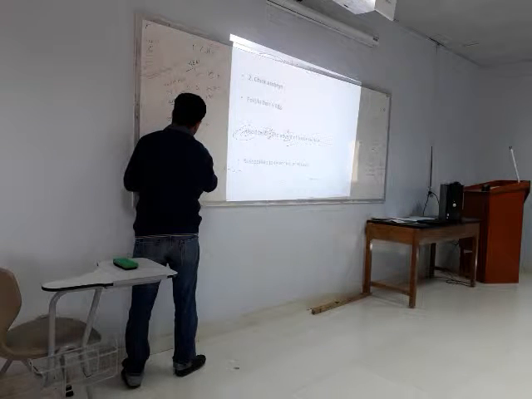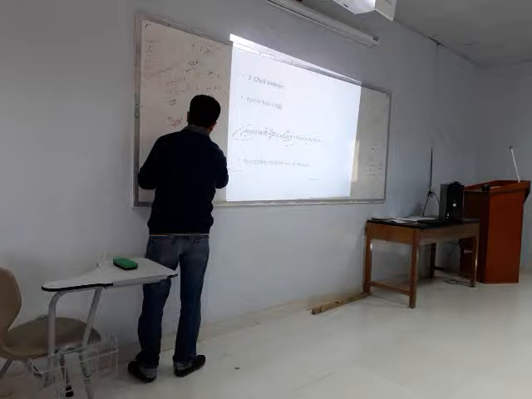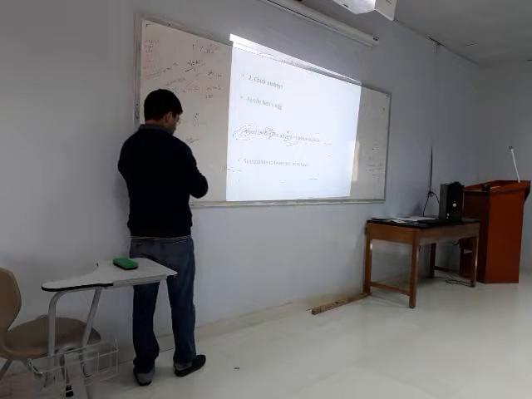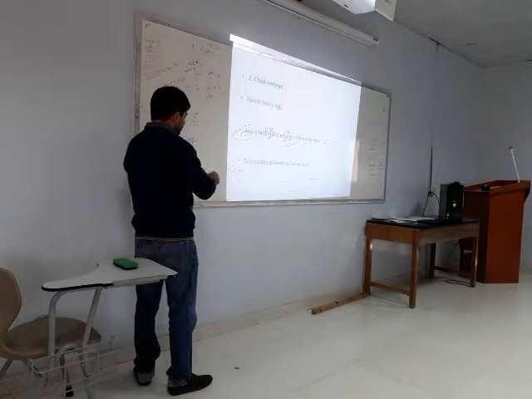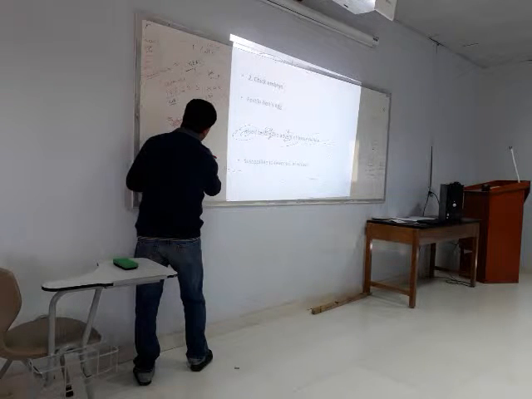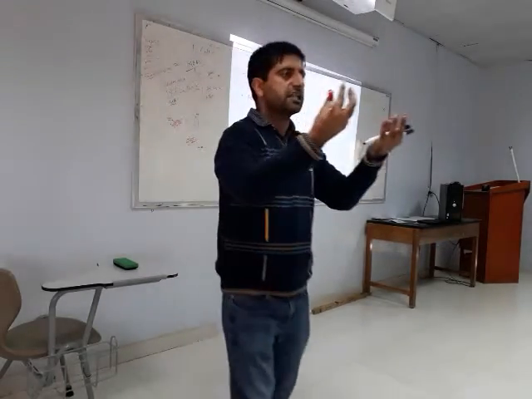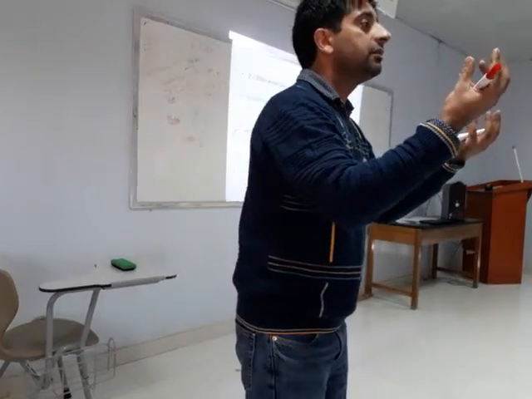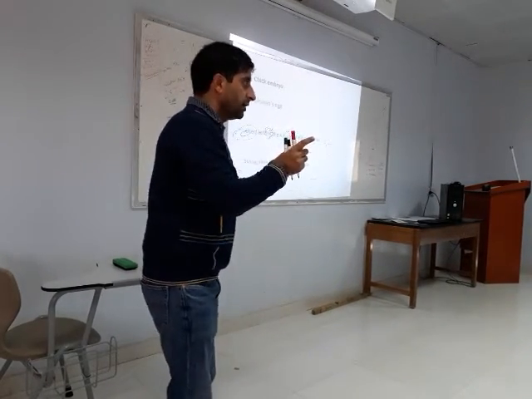This is the RBC, and this is the virus. It gets attached to it, and this is called heme agglutination. On the surface of RBC there is sialic acid.